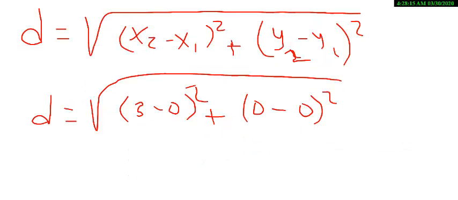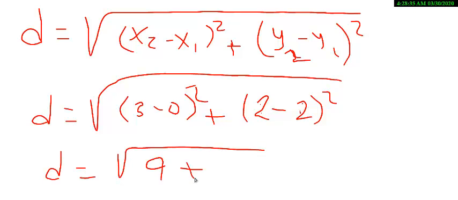I'm sorry, 2 minus 2, sorry, so I have to cancel this out. So I'm going to write down here 2 minus 2 to the power of 2, so D will be the square root of 9 plus 0, which is the square root of 9, which is 3 units.